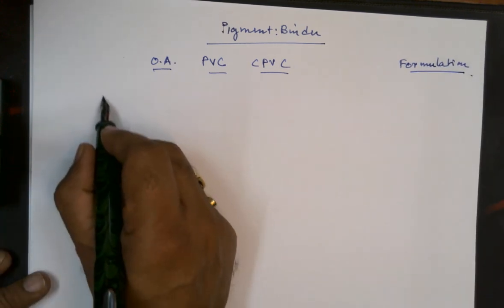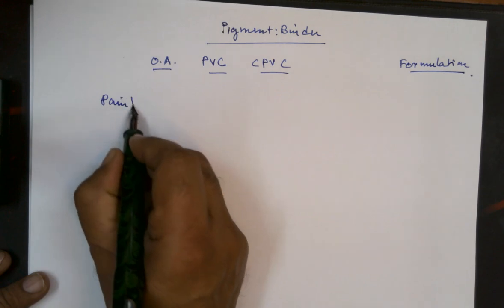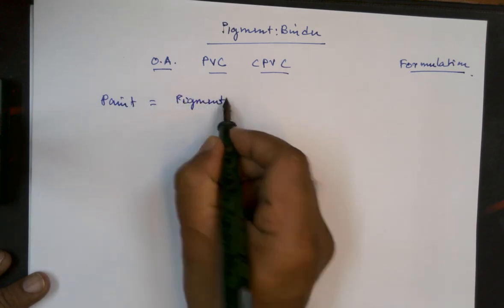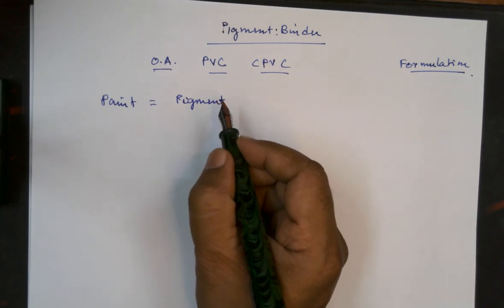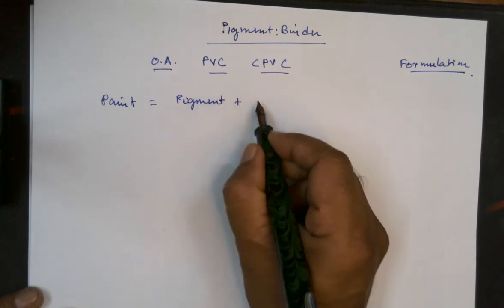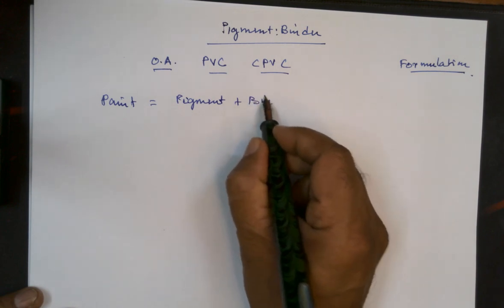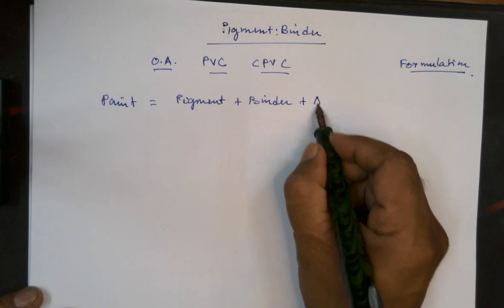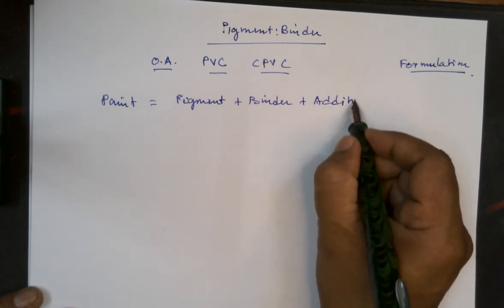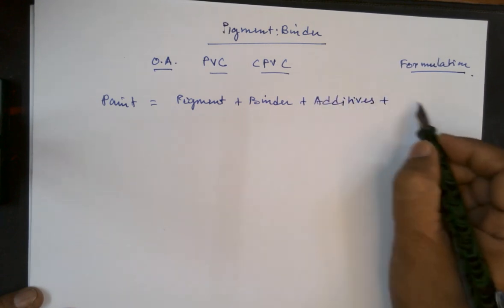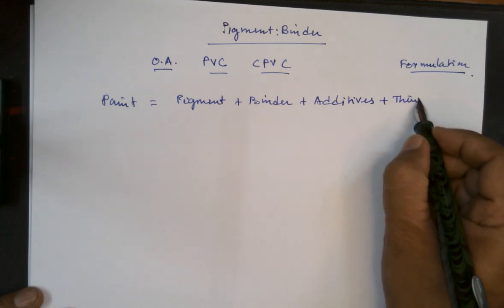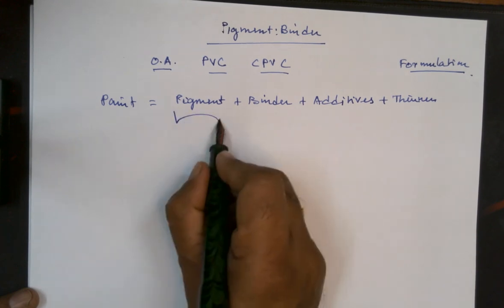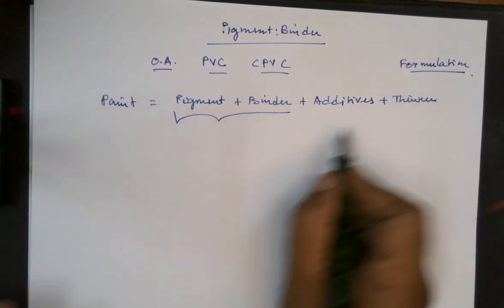We know the paint is nothing but pigment plus binder, and it needs some additives. Along with that, we add thinners, a mixture of solvents. The pigment and binder decide the quality and the type of finish.